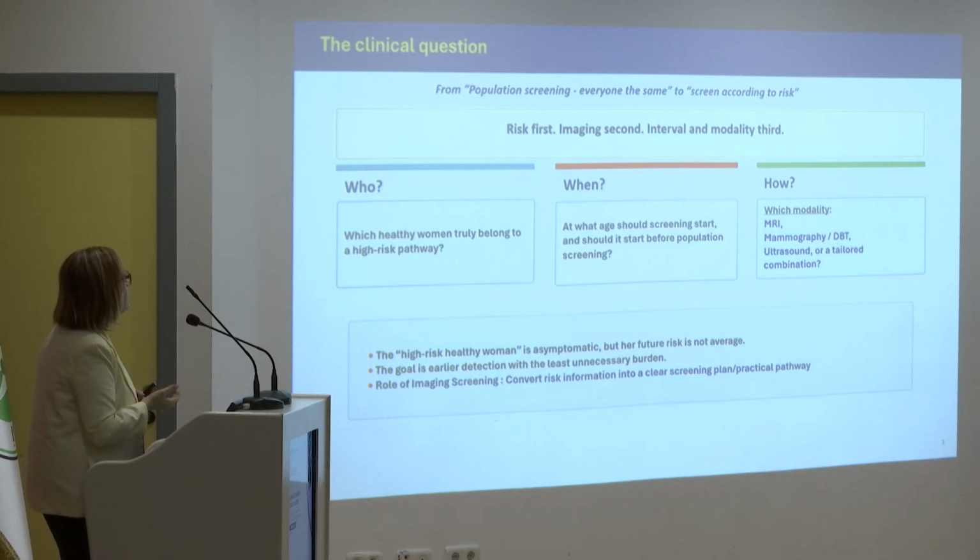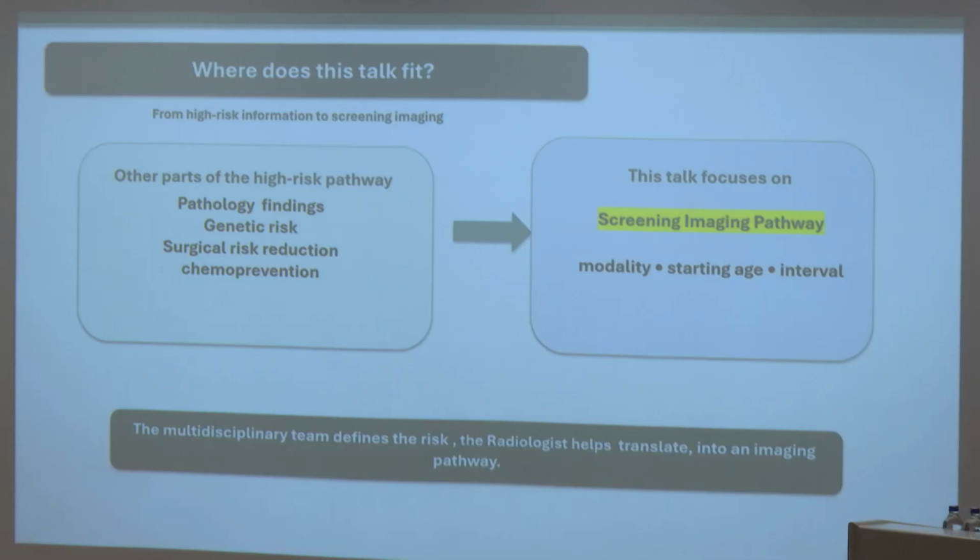So we go with risk first, imaging second, and the interval and modality third. The role of imaging screening is to convert the information into a clear screening plan with a practical pathway. Where does my talk fit in this session?